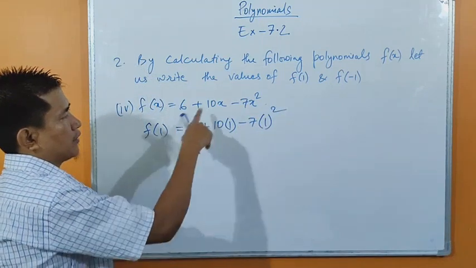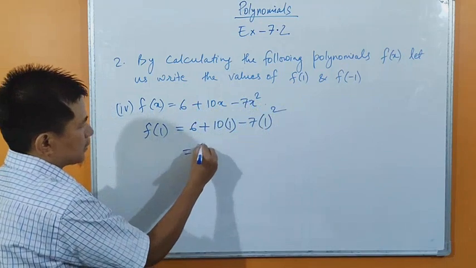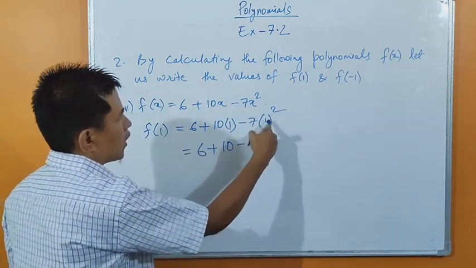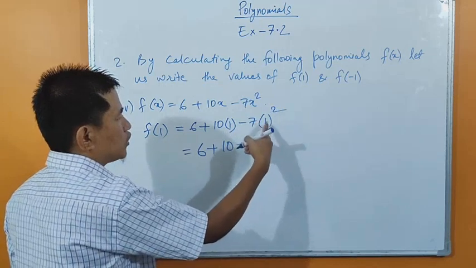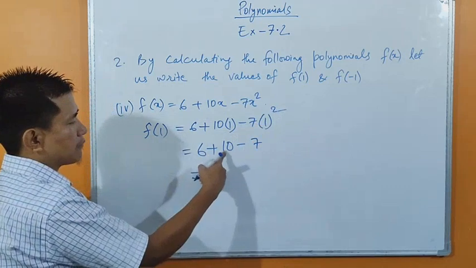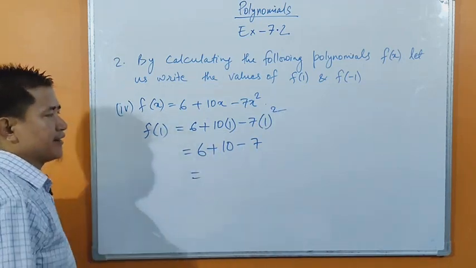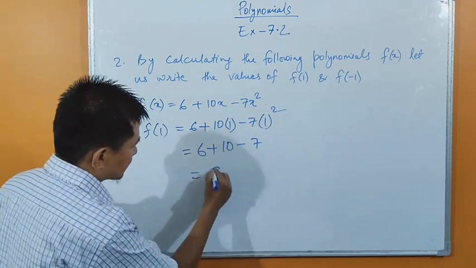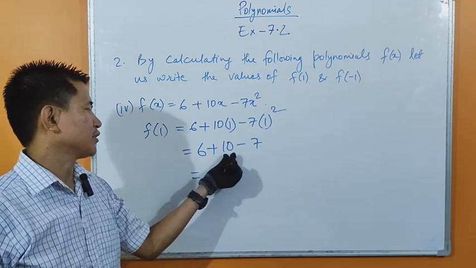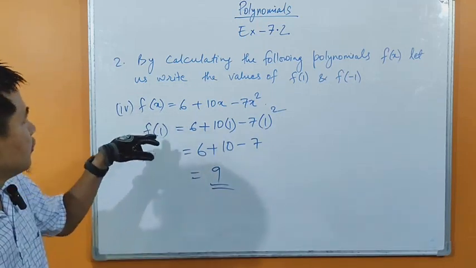So 6 plus 10 ones are 10, minus 1 squared is 1, 1 ones are 1, that 1 into 7 is 7, so these two are positive. 10 plus 6 is 16 and 16 minus 7 is 9, isn't it? 16 minus 7 is 9, 10 minus 7 is 3, 3 plus 6 is 9. Okay, this is the answer for f1.